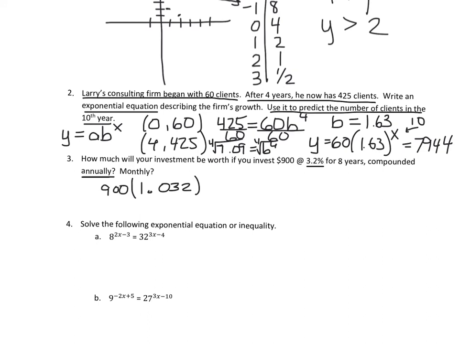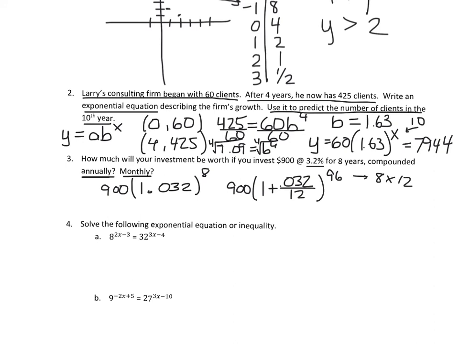And since it's 8 years, I would take it to the 8th power. For monthly, now that 0.032 needs to be divided by 12. I'm still going to add 1 to this. Going to multiply by 900. And then the power will be how many months there are in 8 years, which is 8 times 12, or 96.